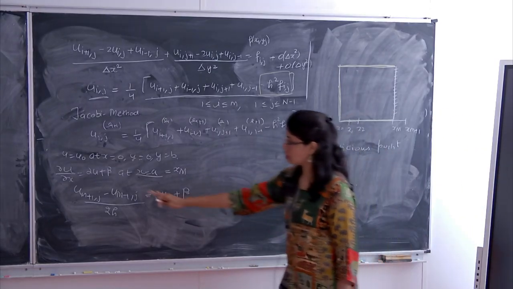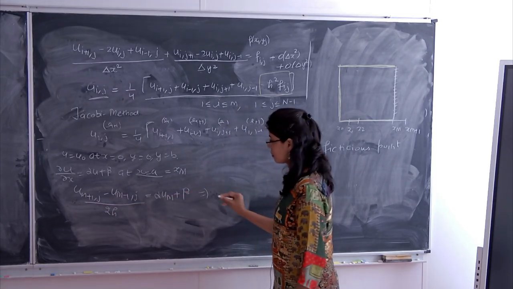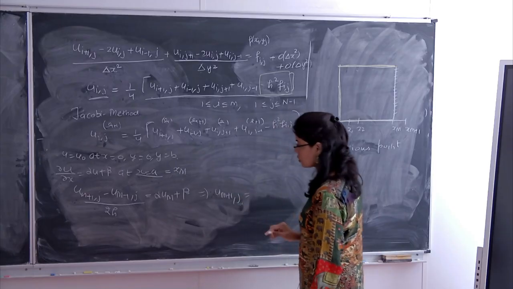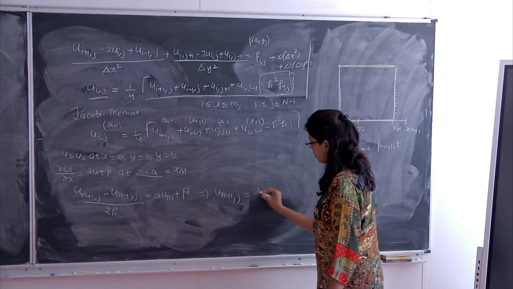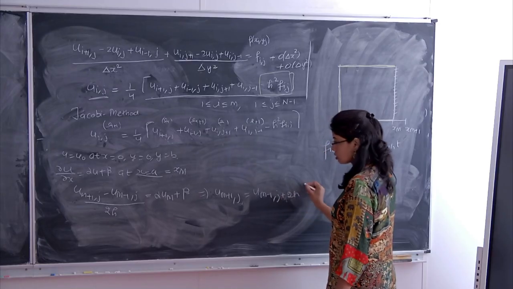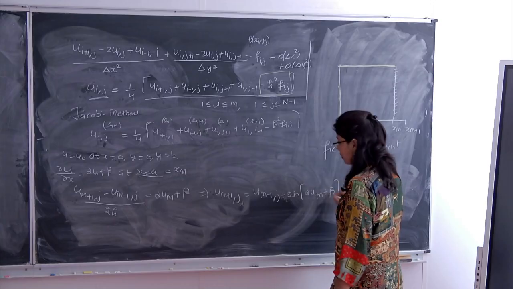So, with the help of this boundary condition, I will find out the value of u m plus 1. So, what is u m plus 1, j? That will be equal to u m minus 1, j plus 2h times alpha u m plus beta.